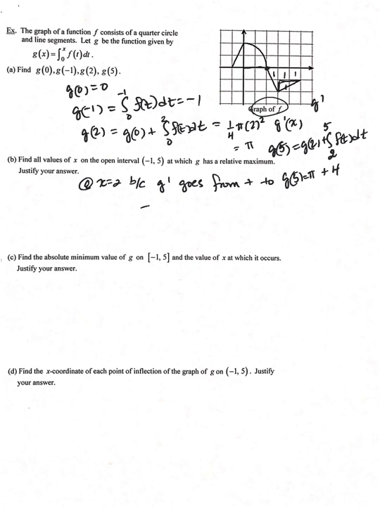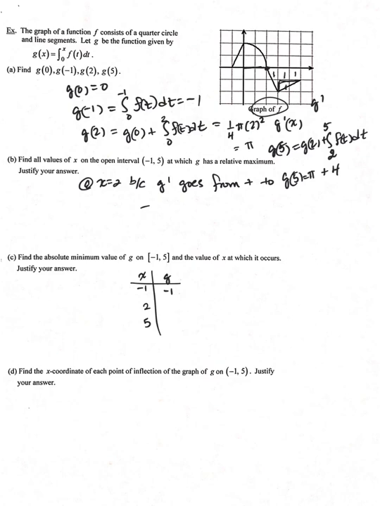Find the absolute min value and the x at which it occurs. So you have your candidates. Your candidates are your zeros and your endpoints. So we're going to have negative 1 as a candidate. We're going to have 5 as a candidate. My other candidate will be positive 2. Okay, I'm looking for the absolute min of g. So g of negative 1, I already know is negative 1.